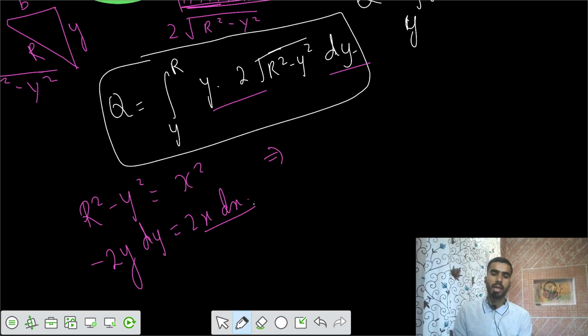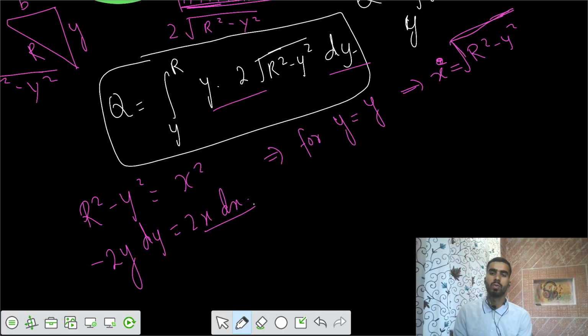For y equals y, x square is r square minus y square, that means x goes to the root of r square minus y square.